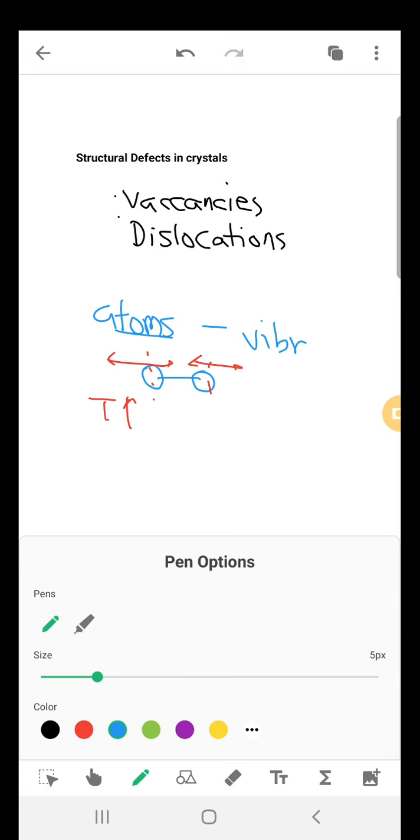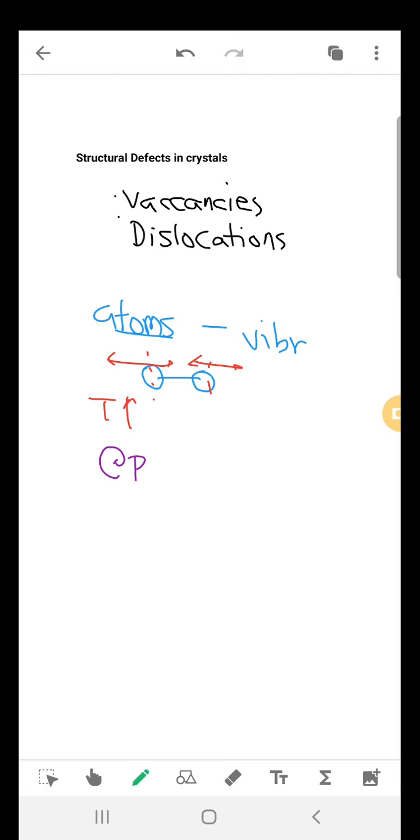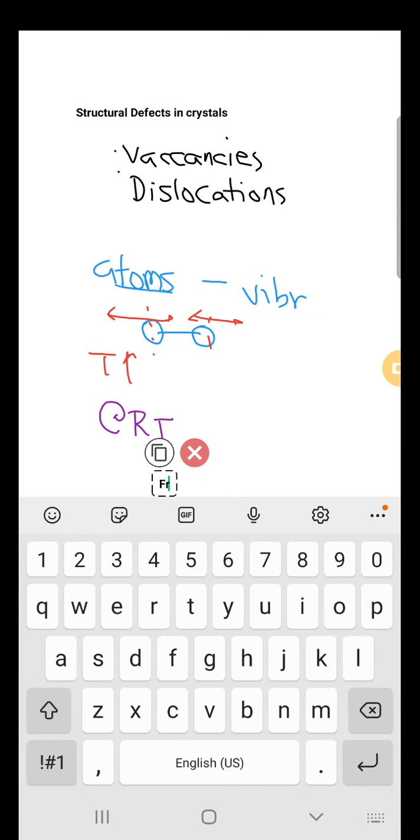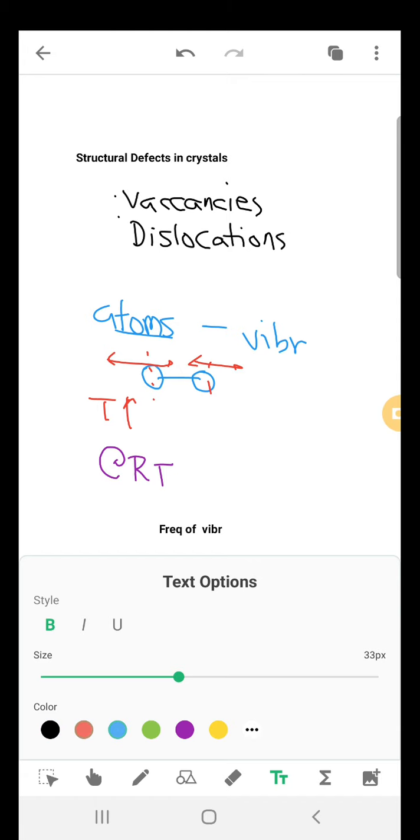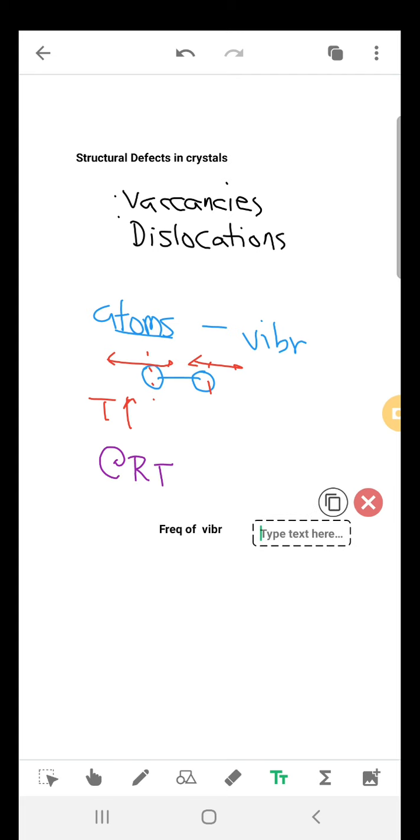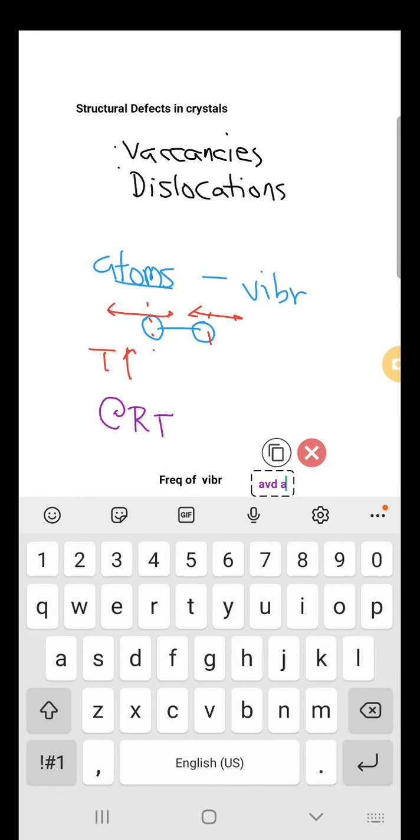So if we take, say, room temperature, and compare some of the atoms in terms of frequency of vibration and average amplitude of vibration.